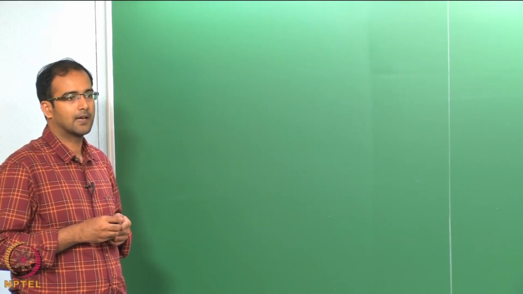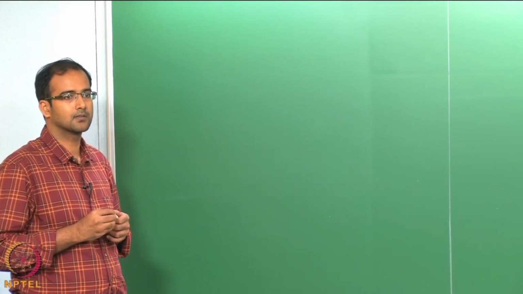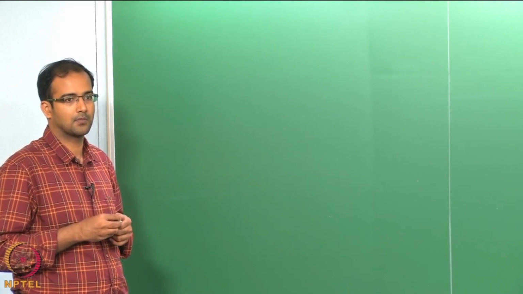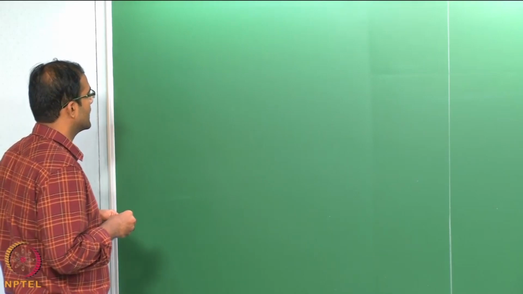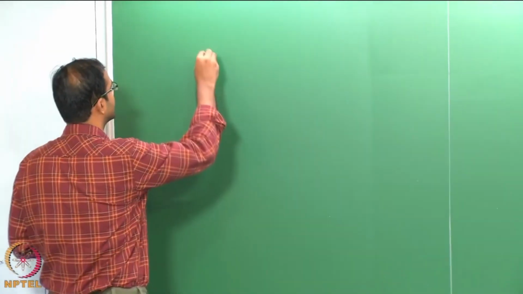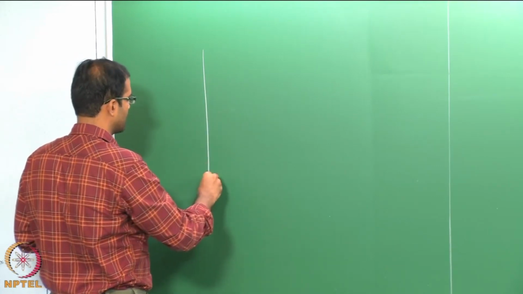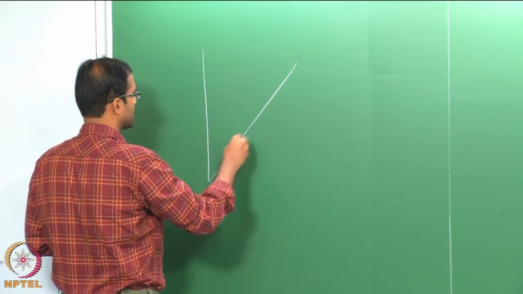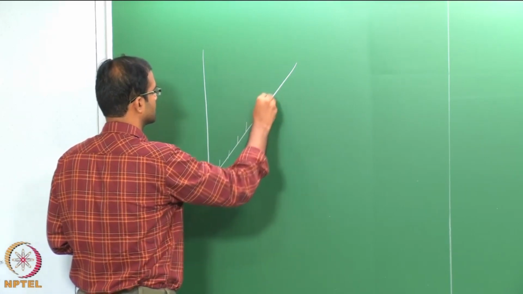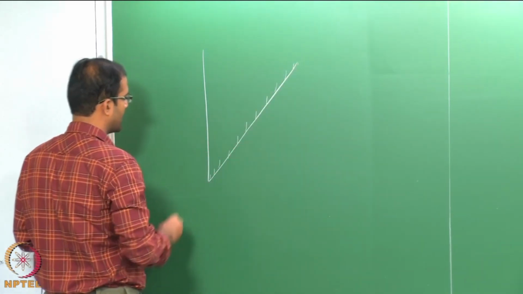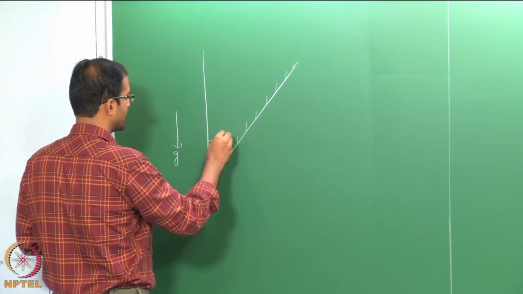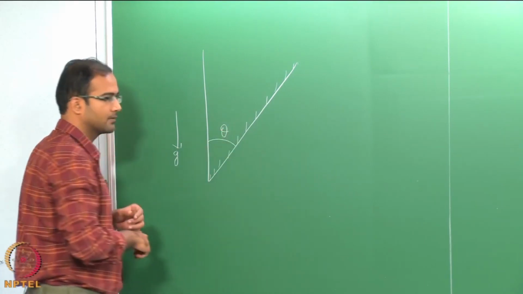So, we will quickly go over some of the other configurations, and I will give you the empirical correlations which have been obtained through experiments, and maybe you can just use them whenever you solve natural convection problems involving complex shapes. So, one deviation from the simple vertical flat plate is that if you tilt the plate, so let us say that this is your plate here, okay, and your gravity is of course acting downward vertically, and let us say you have an angle theta with respect to the vertical direction.